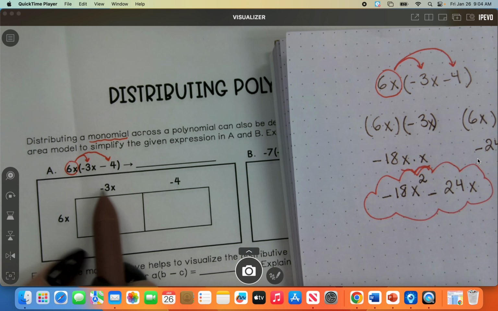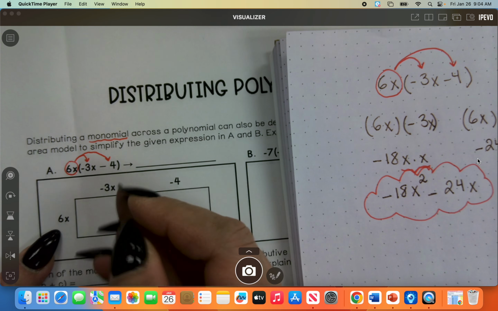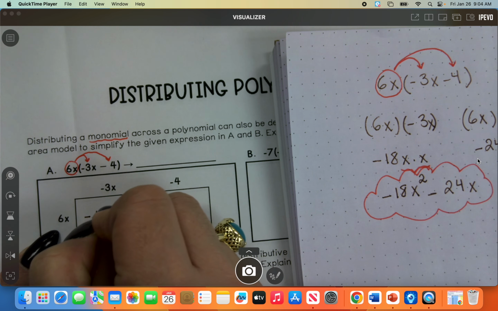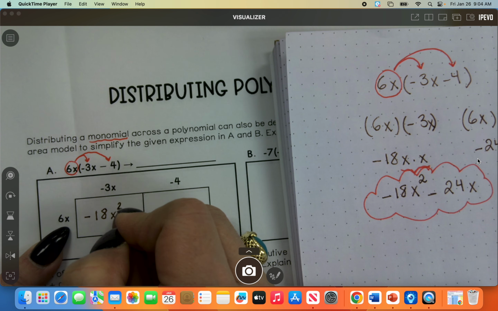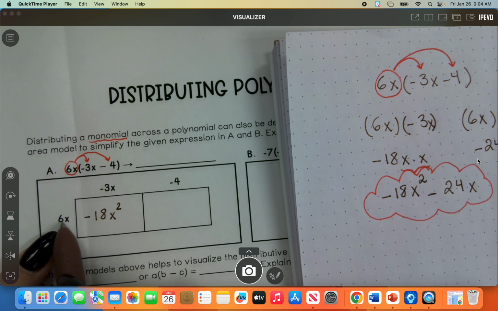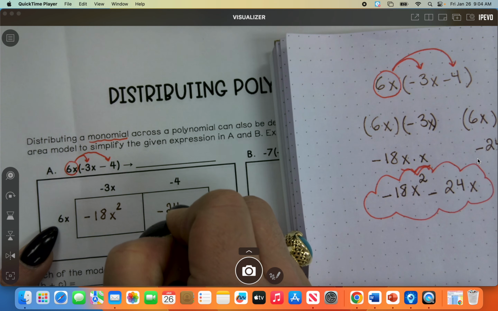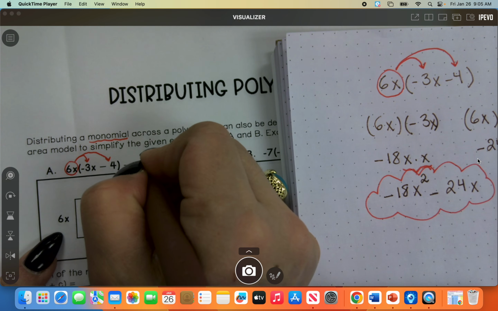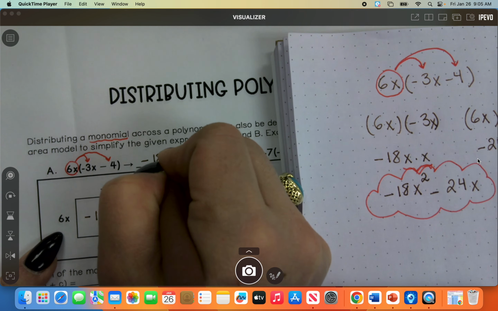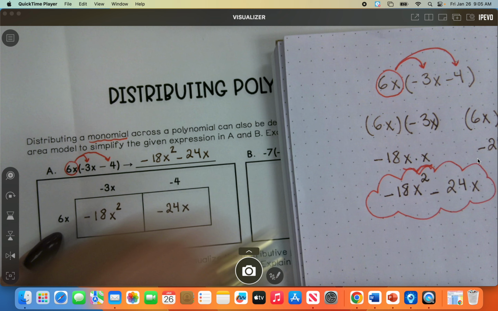So one here, and then multiply them together. And say 6 times negative 3 is negative 18. X times x is x to the 2. And then again, 6x times negative 4, which 6 times negative 4 is negative 24, and then we have only one x. So the answer is negative 18x to the 2 minus 24x.